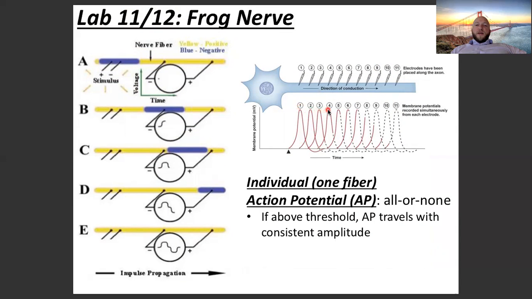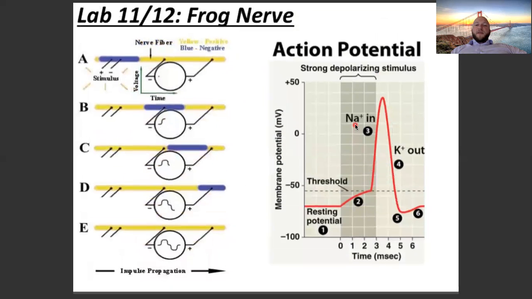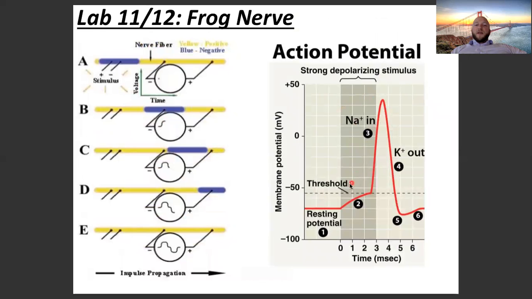Every single time an action potential happens on an individual axon, the intensity of the electricity is the exact same. And it's the exact same at any point along that fiber. At the beginning of the fiber, exact same. Middle of the fiber, exact same. End of the fiber, exact same. Anytime there's an action potential, it always has the same amplitude.